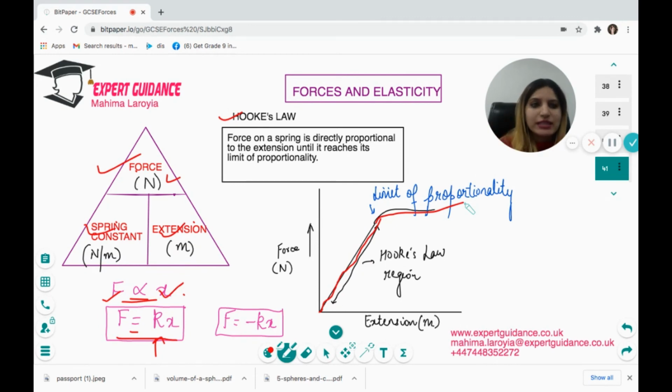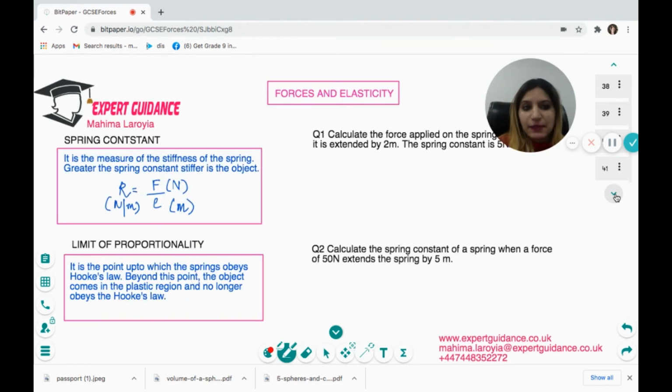At this point, the body has lost its elasticity, and after this it will not obey Hooke's law and will not come back to its original shape. So Hooke's law is only obeyed until the elastic limit of the object is reached. This is what you need to remember: force is directly proportional to extension up to the limit of proportionality or the elastic limit.